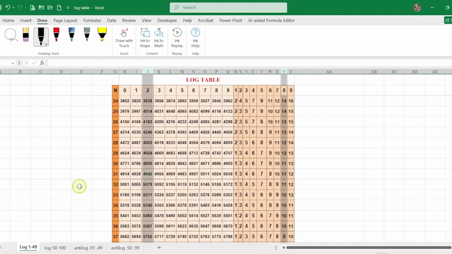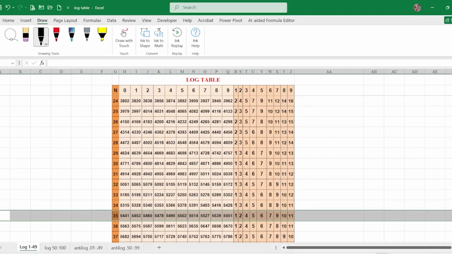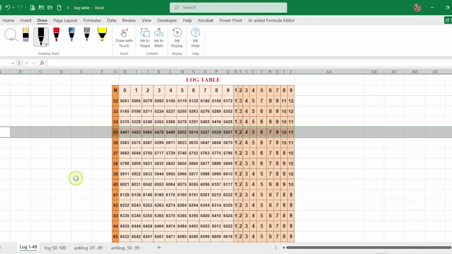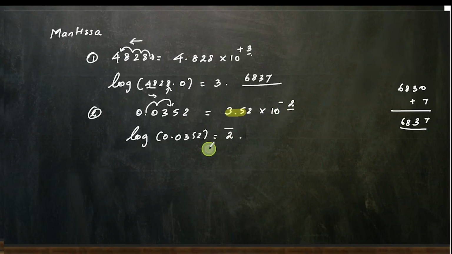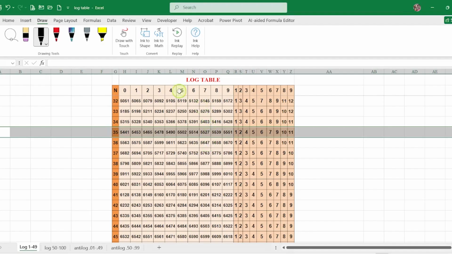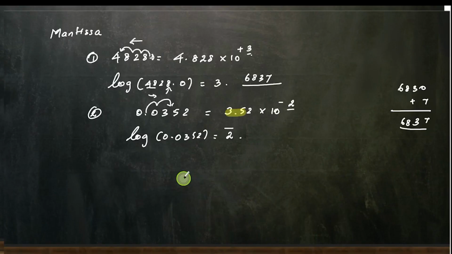Look for the 35th row. So here I have the 35th row. The third digit here is 2. Under the column 2, if you see, you have the number 5465. Since I have no fourth digit, I can write this number as it is, 5465. So this is the log.